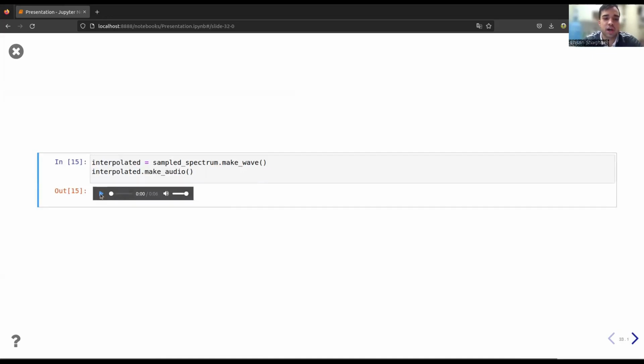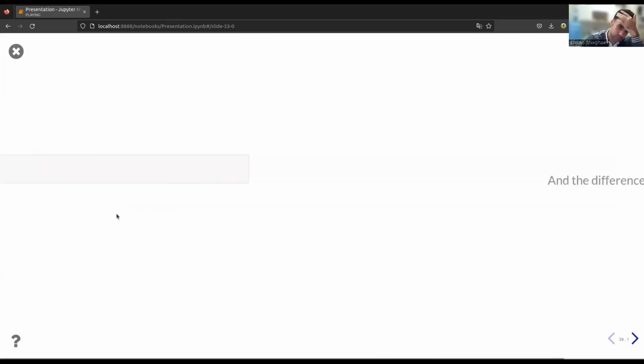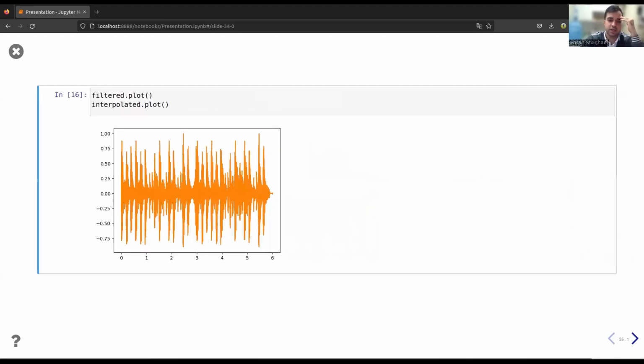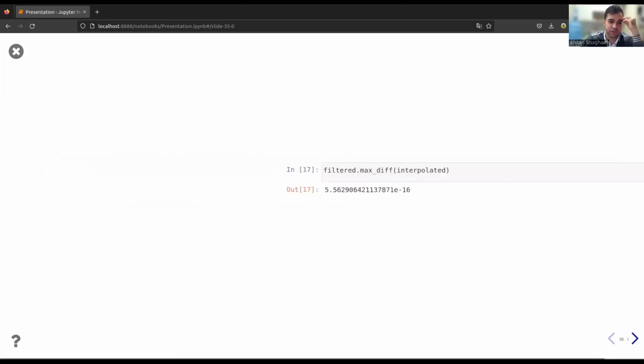And now we can hear how our anti-aliased downsampled sound clip sounds. So we have a small difference between the interpolated wave and the filtered wave, as we have already checked.